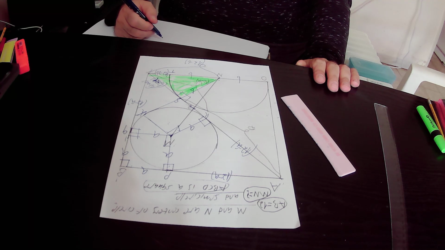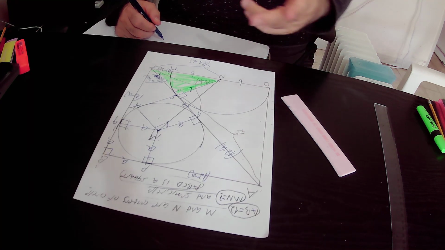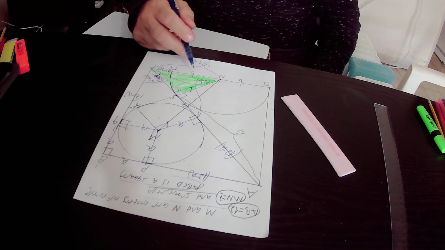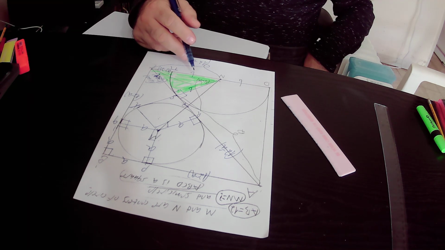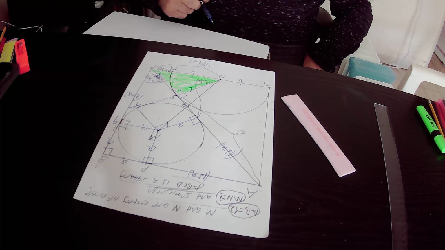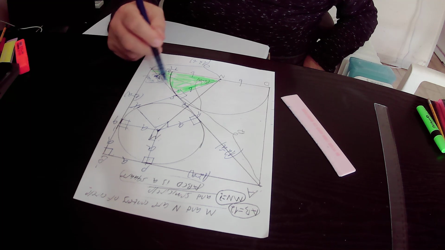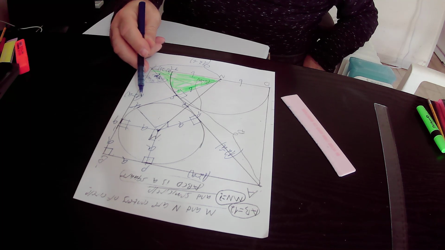Here we will focus, first of all, NS is the radius of the semicircle. It equals B. This is the radius of the semicircle. NS is the radius. It is absolutely a straight line. NS is a straight line, and when we extended the straight line NS by a straight line, then we got NX, that still must be a straight line.